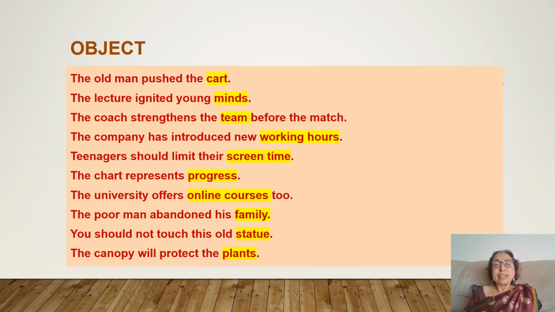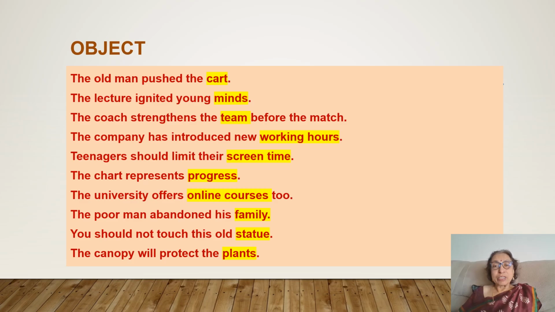The lecture ignited. Again, incomplete. What did the lecture ignite? Young minds. So minds is the noun. Minds here means the people who are young, the youth, the minds of the youth. We are not saying youth or people here. We are just saying minds. Minds do not exist without bodies. So we are actually talking about figures of speech, which we will do.